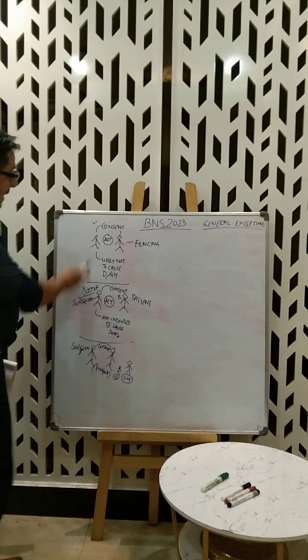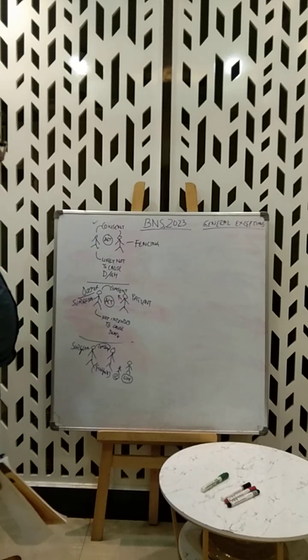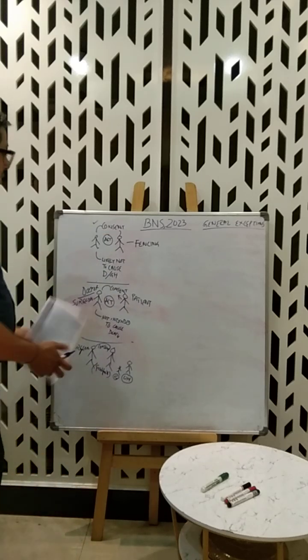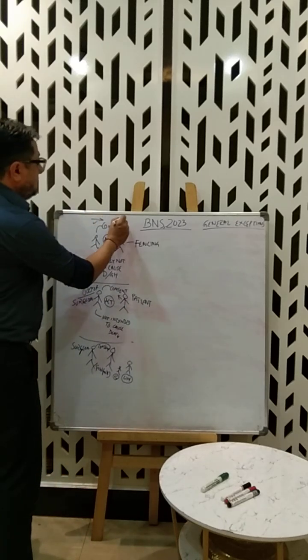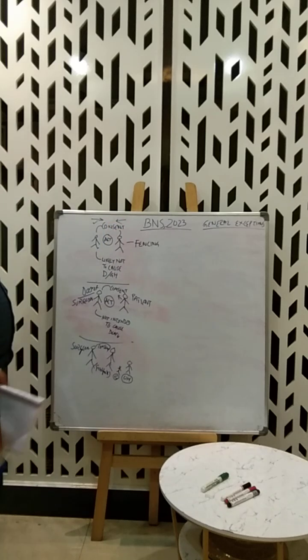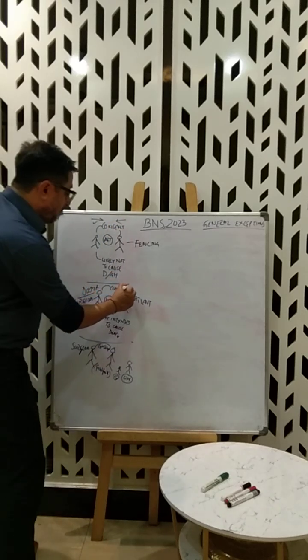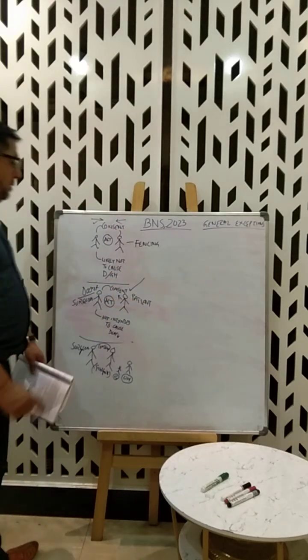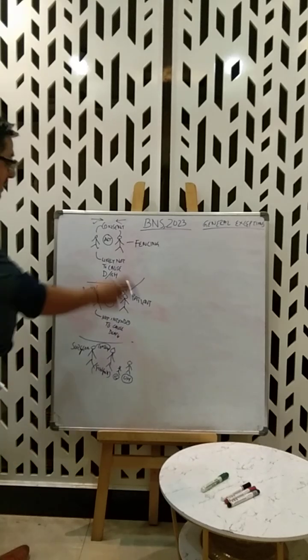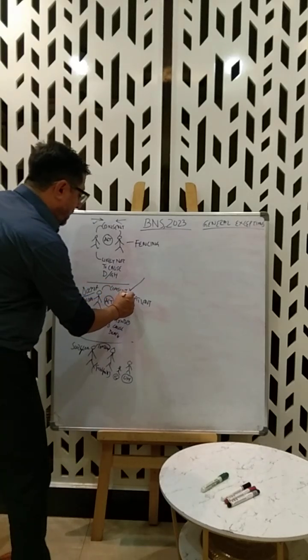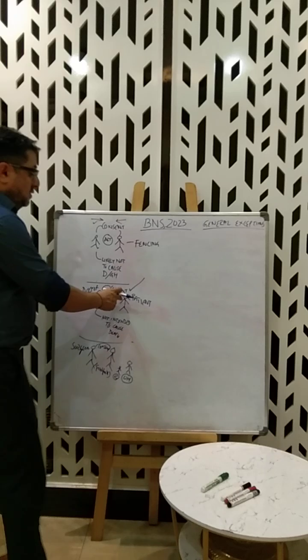Alright. So 3 examples. The first one is that both give consent. Here the consent comes from both sides. Here the consent comes from only one side. He gives the consent, but he gives the consent for himself. He is the patient and he gives consent for himself.